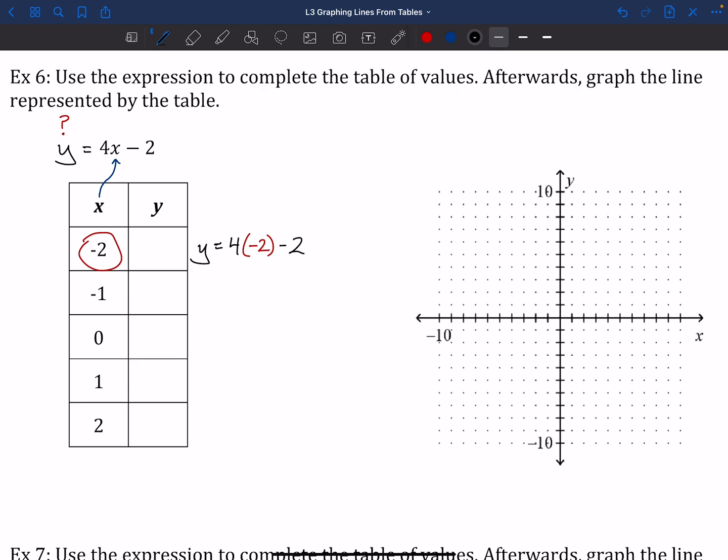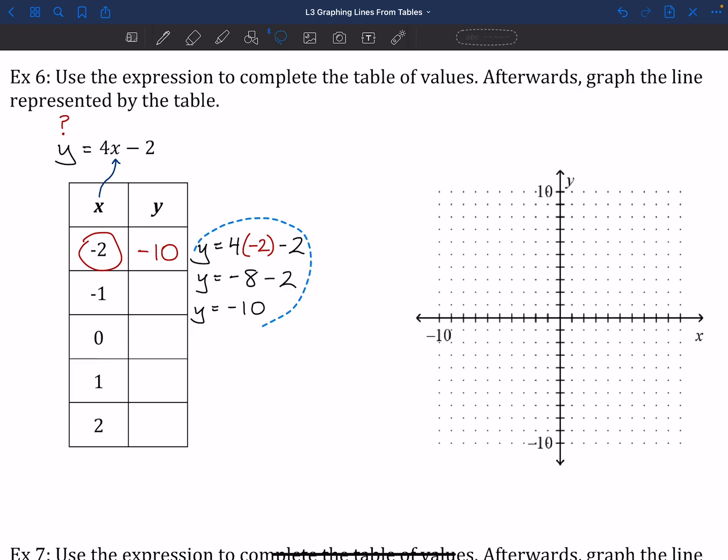As I simplify that, 4 times -2 is -8, and then -8 minus 2 more brings us down to -10. So I'm going to get -10 as my y.